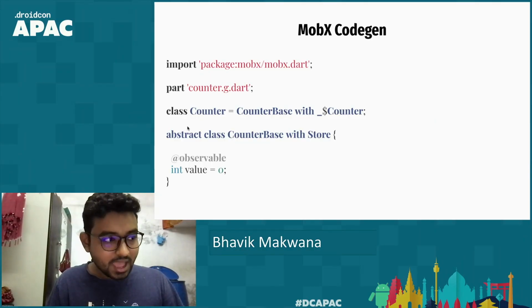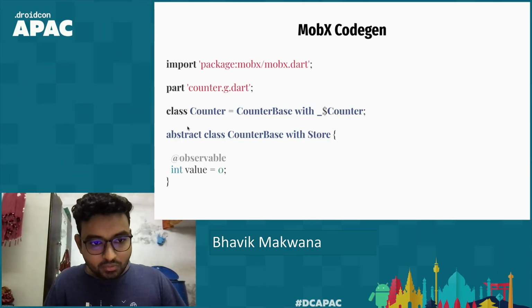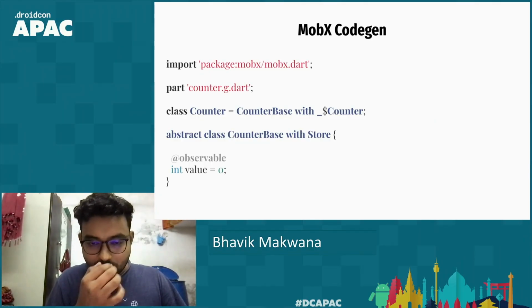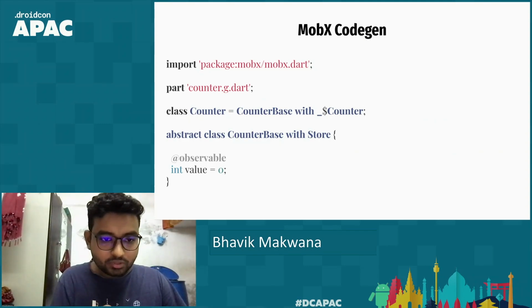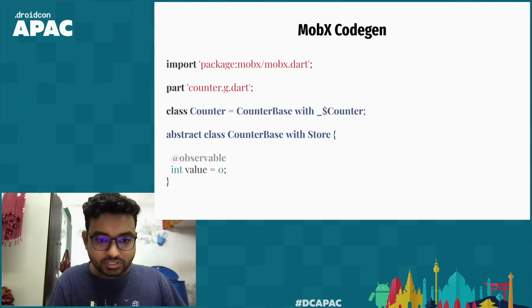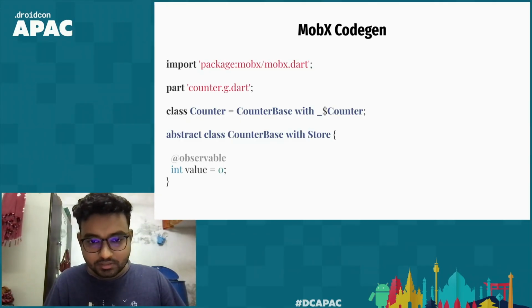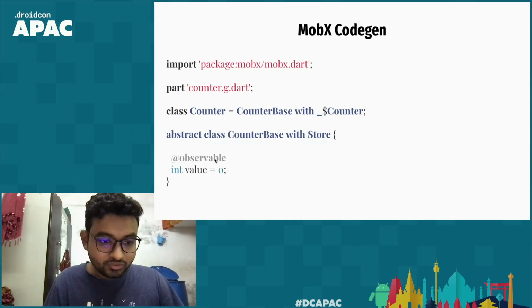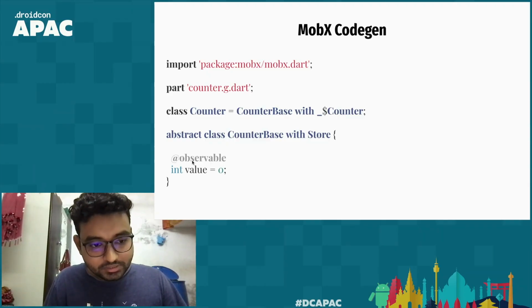Then there is a class Counter = CounterBase with _$Counter. So Counter extends CounterBase, with being a mixin, and _$Counter. This _$Counter will come from the counter.g.dart file that is generated automatically. And this one is an abstract class, and we are going to use annotations.